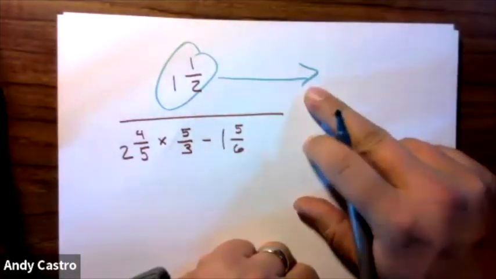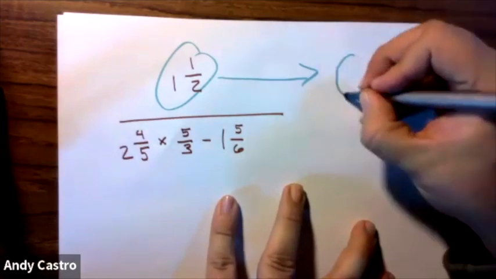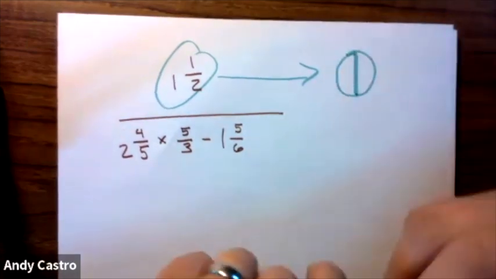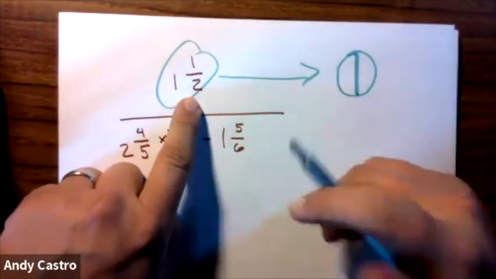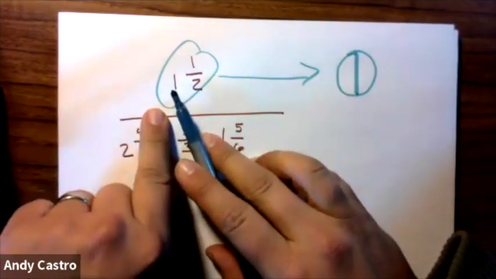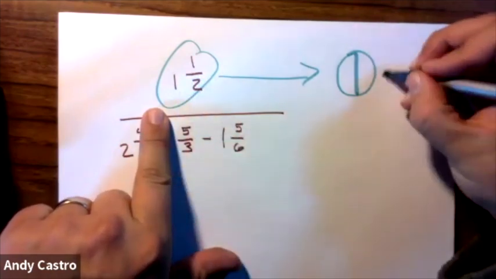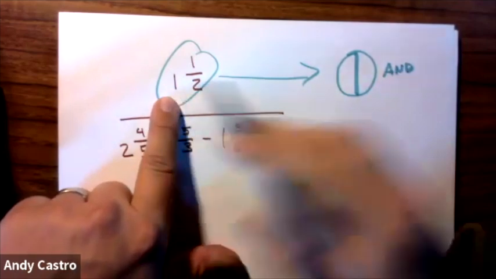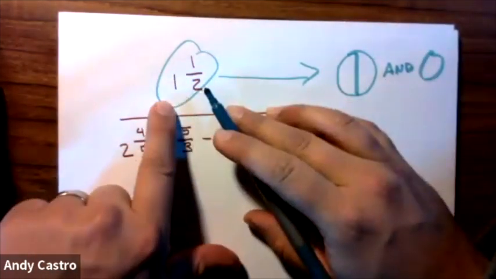Let's talk about visually what 1½ is. So if I look at a circle and I divide it in half, what do I mean by 1 1/2? We understand here that 1 1/2, we have an and, right? So 1 would be an entire unit. And then the half would mean half of the same unit.